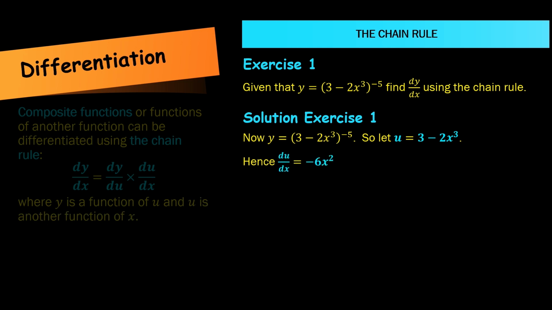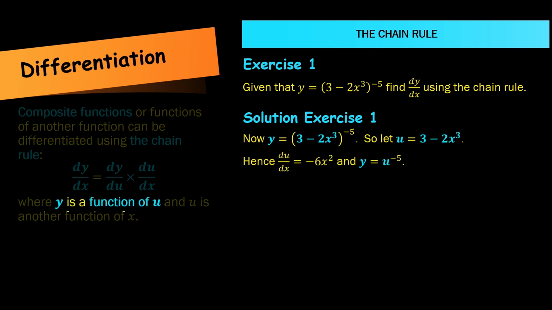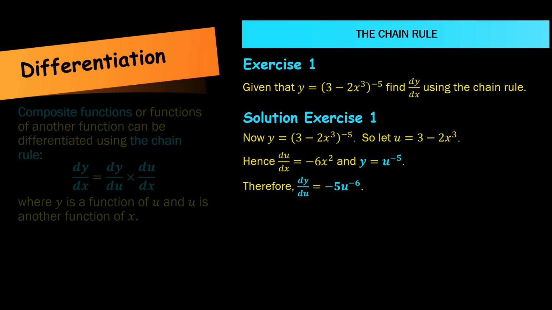We can differentiate this with respect to x to give du/dx equals minus 6x squared. We can also rewrite y as y equals u to the power minus 5, and therefore dy/du equals minus 5 times u to the power minus 6.